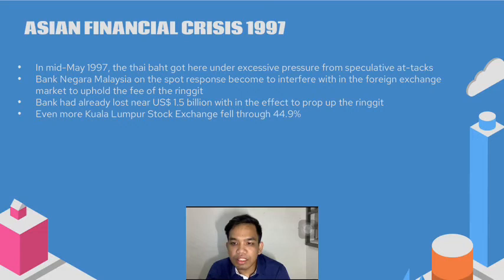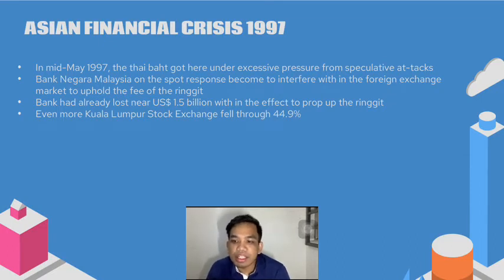Bank Negara upheld the value of the ringgit for about a week before it was finally forced to float the ringgit on July 18. By then the bank had already lost close to US$1.5 billion in the effort to prop up the ringgit.